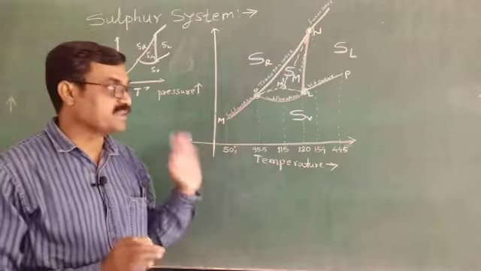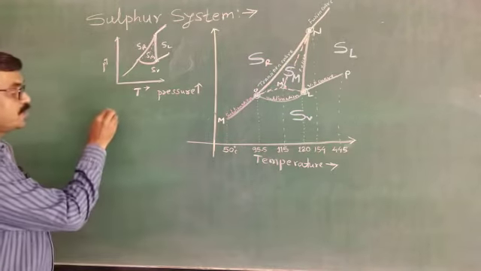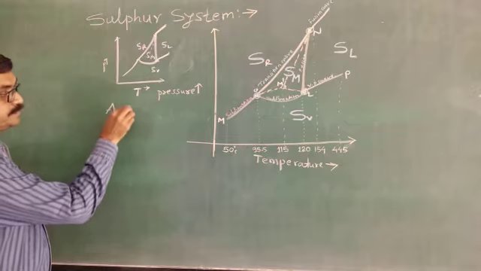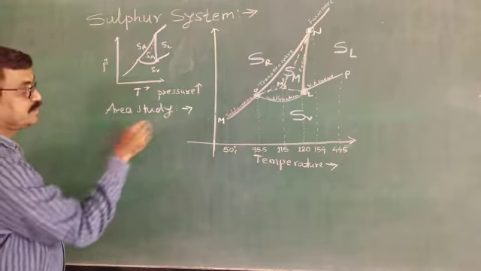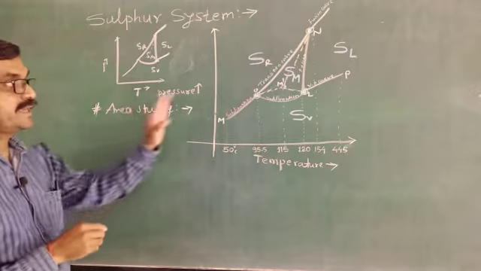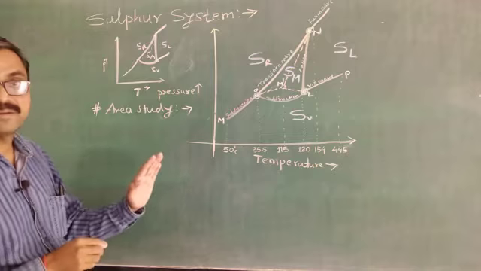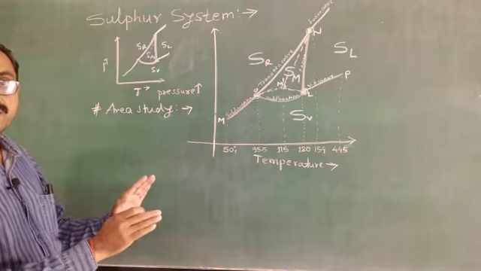Now see the phase diagram. First of all we are going to see the area study. Means in this sulfur system we have to study how many areas there are and what the degree of freedom is in each area.